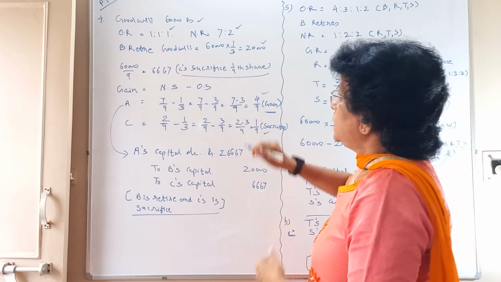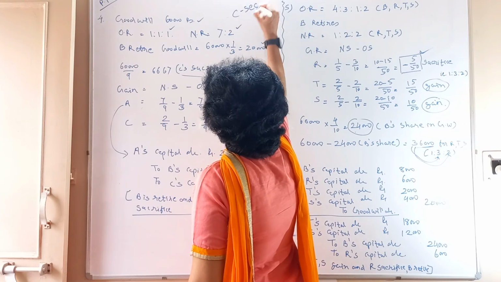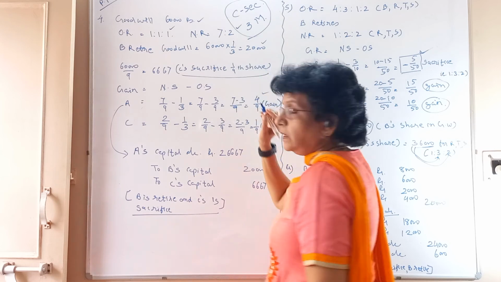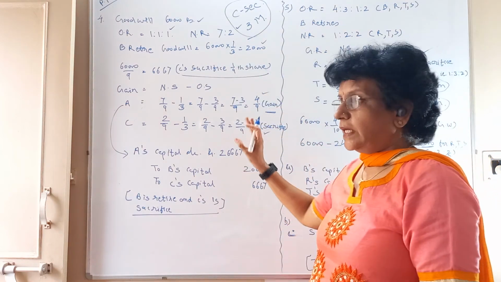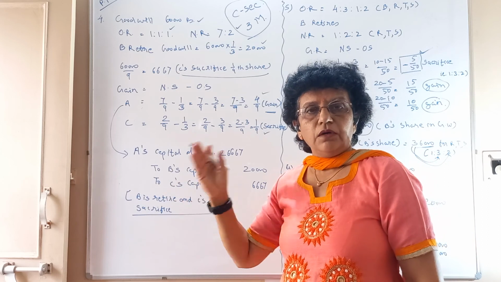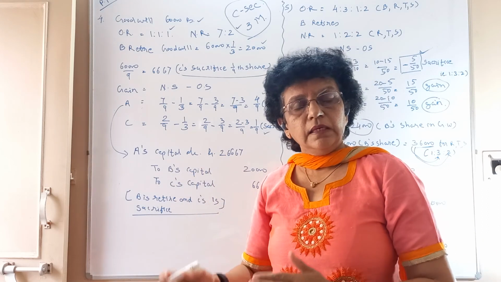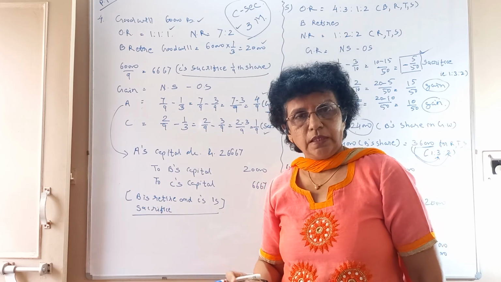These questions you will find in your C section. C section 3-mark questions are calculative sums for the small ones. In that, admission is also there, retirement is also there. Either a journal entry or maybe you may have a calculative sum of the gain and sacrifice. In this way you are supposed to do the working. Thank you.